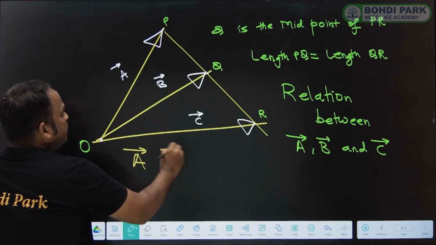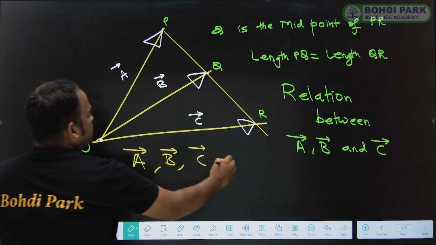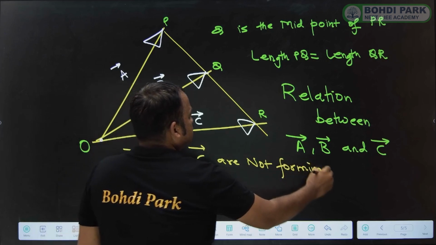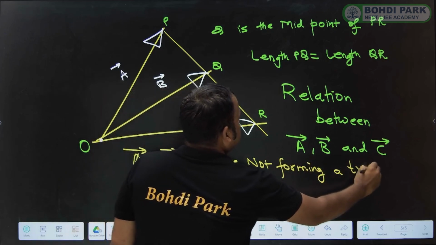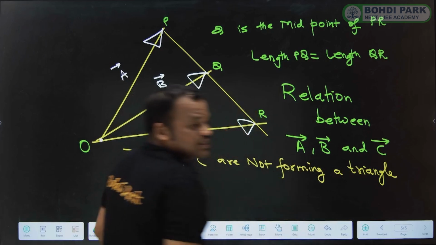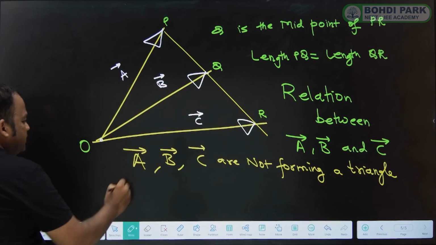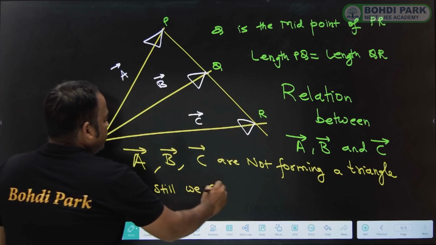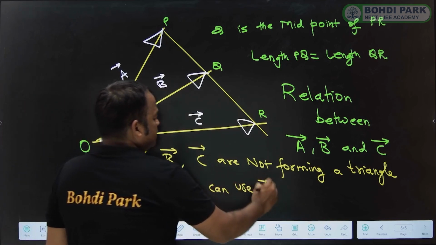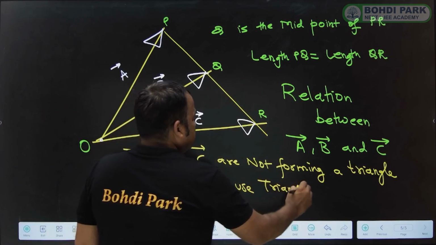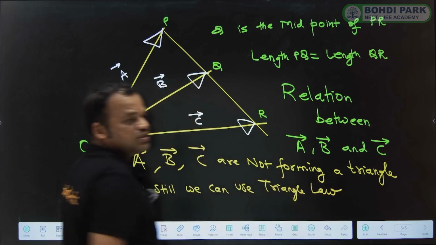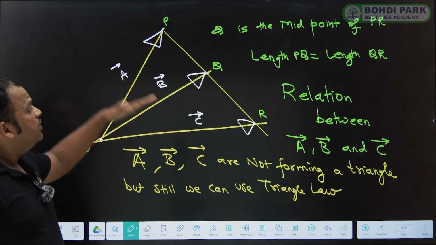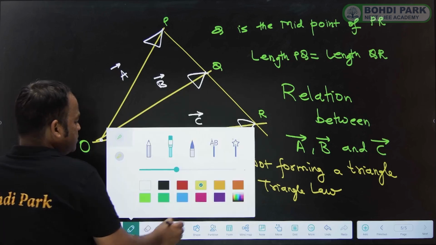A vector, B vector and C vector are not forming a triangle, but still we can use triangle law. How to use that triangle law?